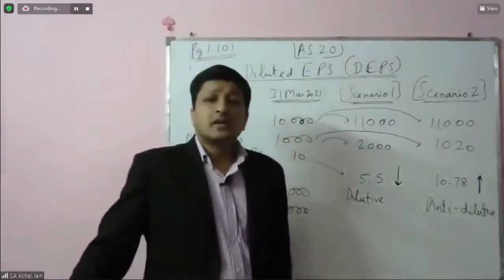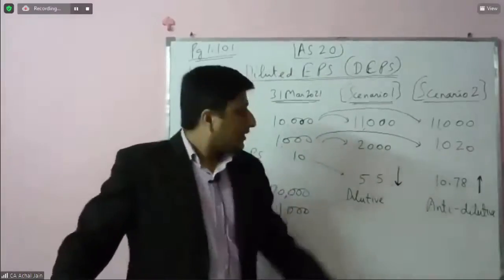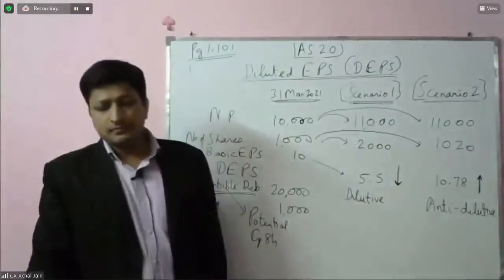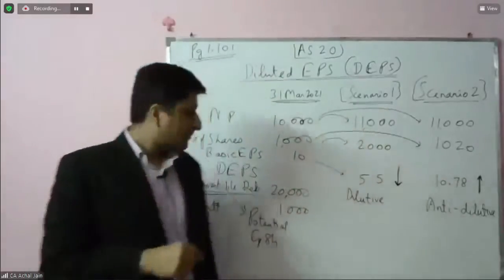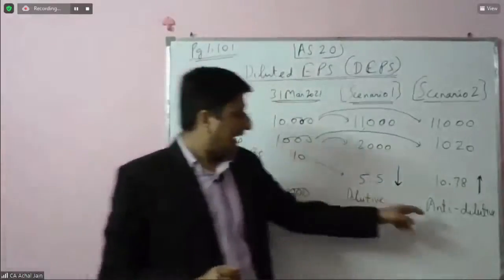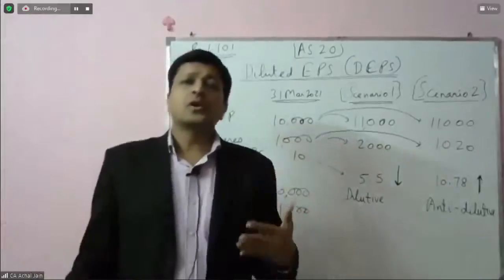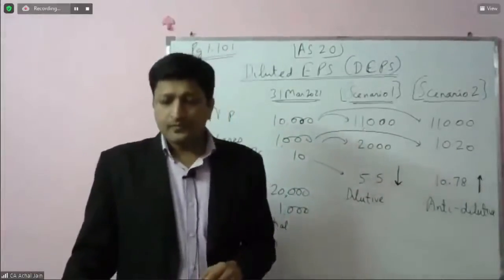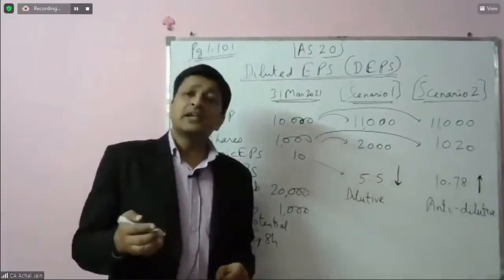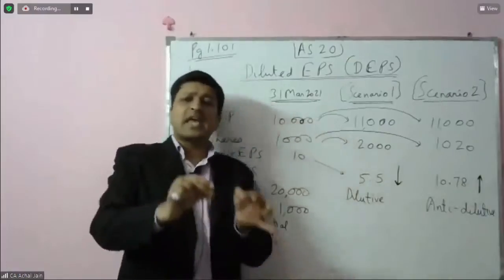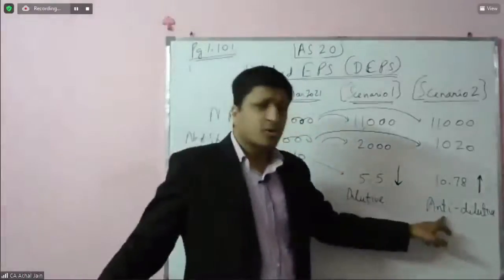Whenever there is a potential equity share which is anti-dilutive in nature, we do not consider it for computing DPS. It would mean that we will consider our basic EPS as equivalent to diluted earning per share. We will ignore these instruments.